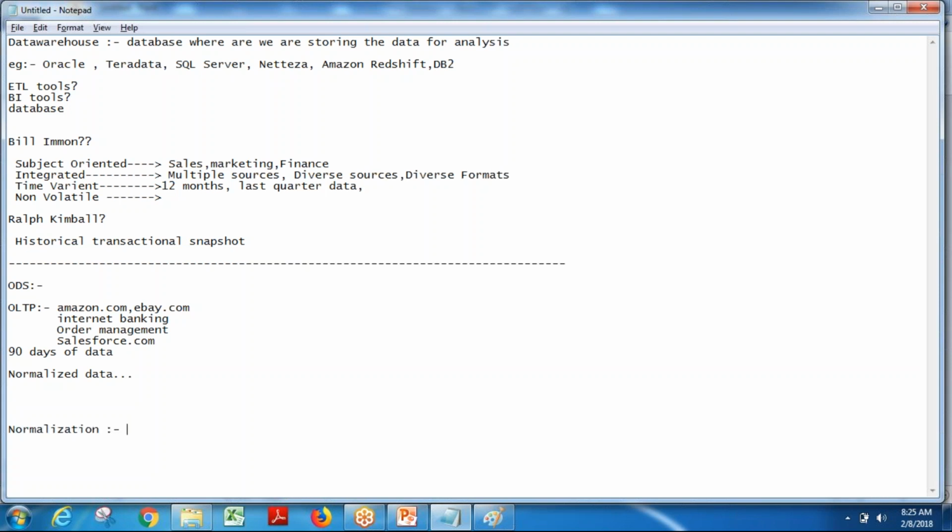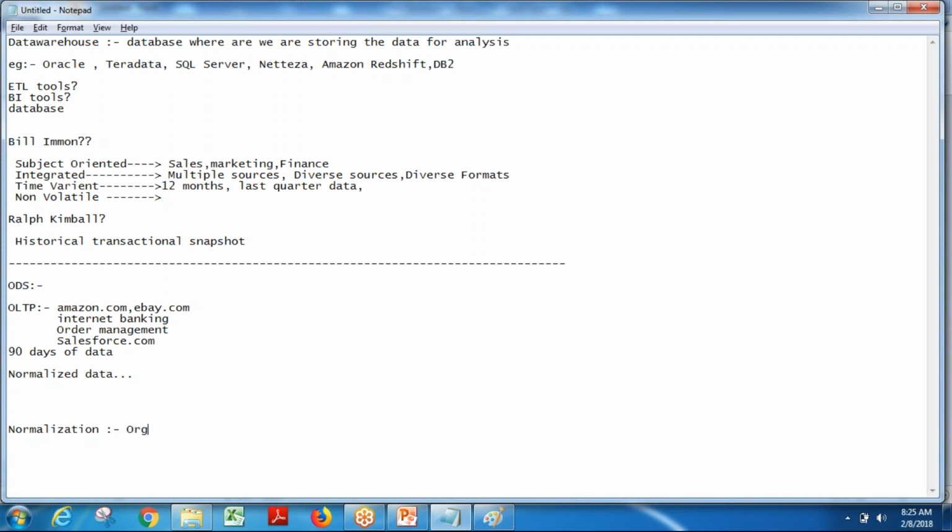We all know that in a database, the data is captured in the form of tables, right? But who is going to organize that data? You have to properly organize the data for maintenance purposes and everything.